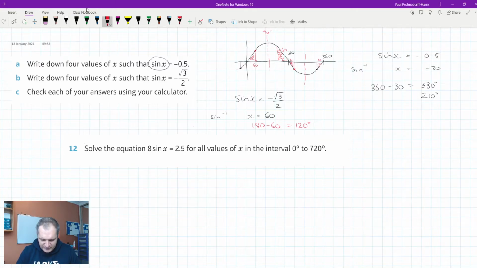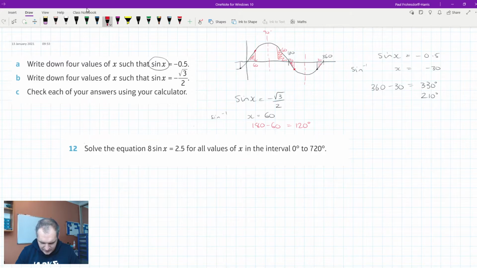Now, I think that means I may have messed up slightly. No, I haven't messed up. It's because minus √3/2 will happen at 60. That shouldn't have happened, should it? Mr. Harris must have made a mistake here and not put the minus in the right place.